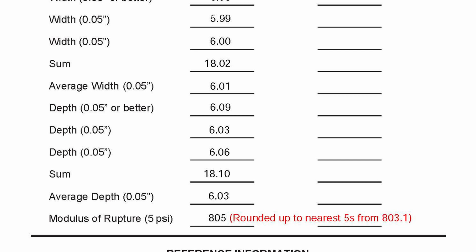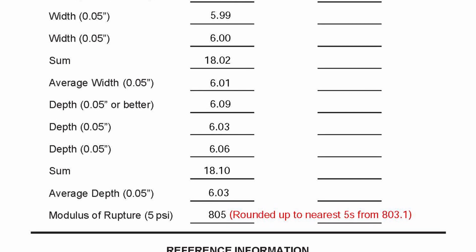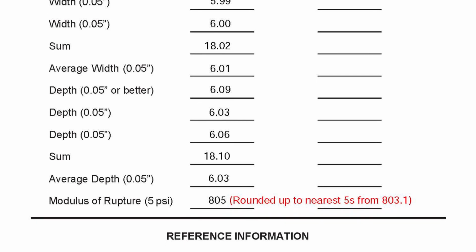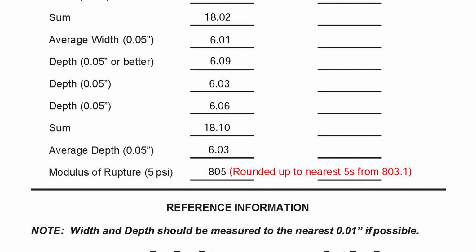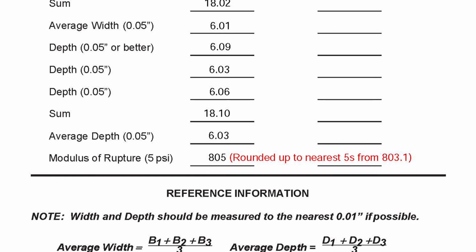And a footnote on the width and depth measurements: they should be measured to at least 5/100ths. If you have calipers that measure to the 100th, please use as accurate a number as you possibly can.